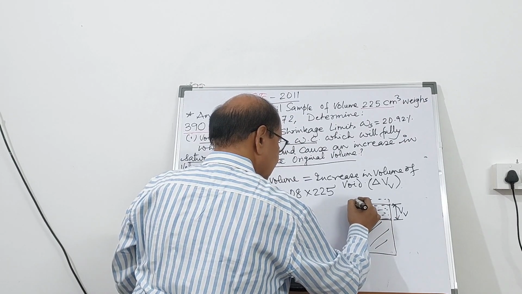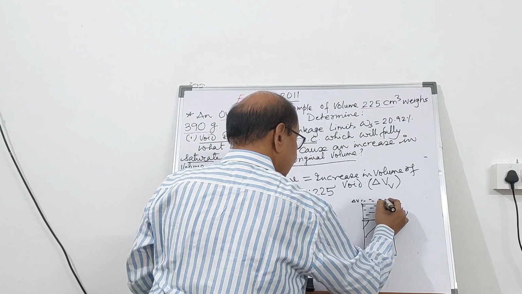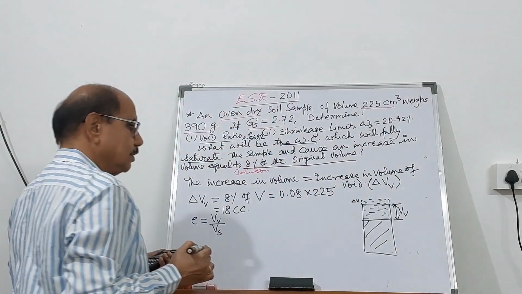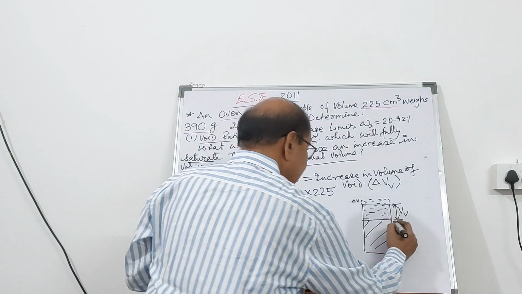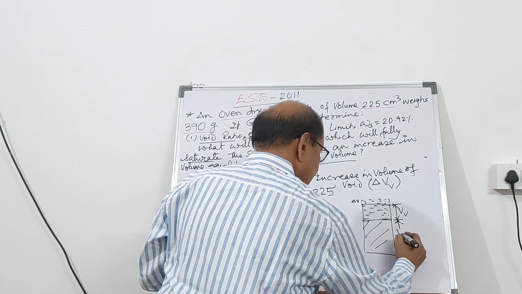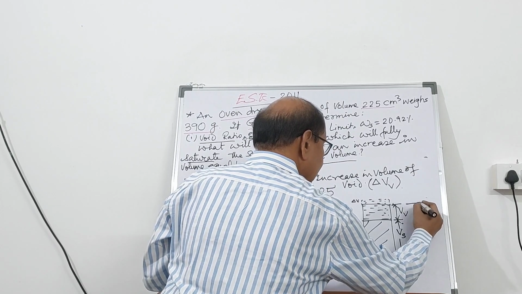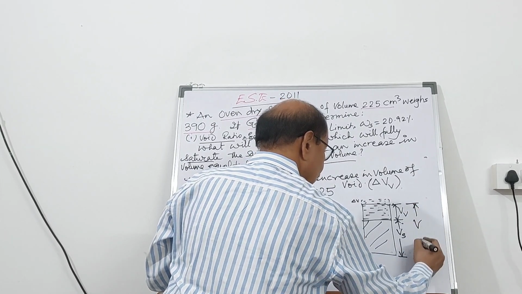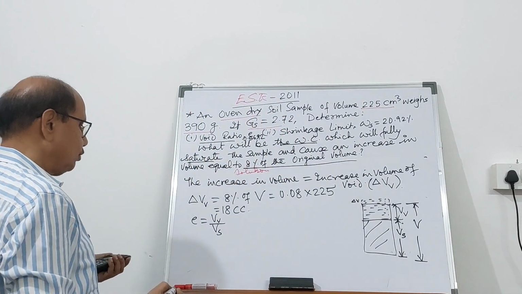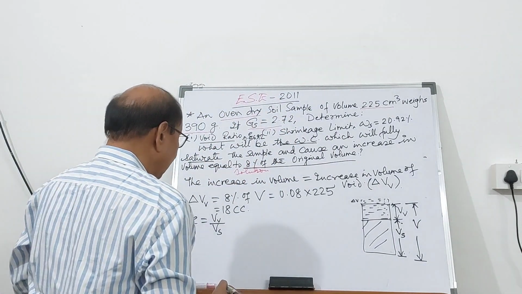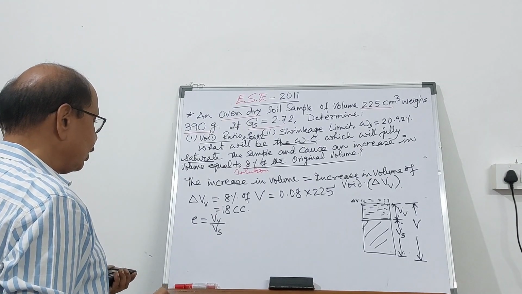So this is delta V. It is fully saturated. And this is the volume of soil, which becomes the total volume.